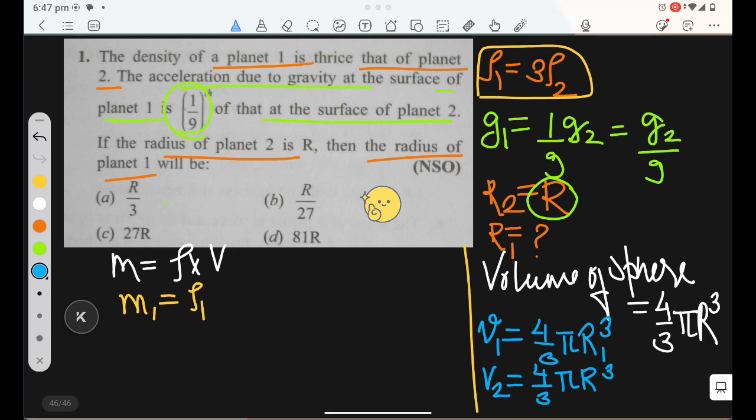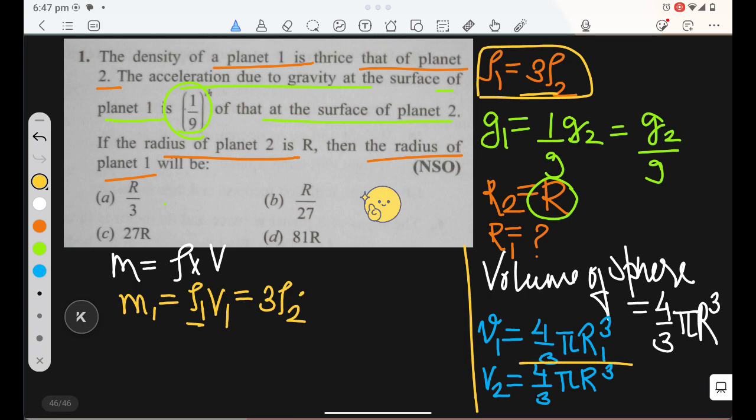Now instead of writing the volume of 1, I can write rho 1. Rho 1 in terms of rho 2 is 3 rho 2. So I can write it as 3 rho 2 times volume of planet 1.